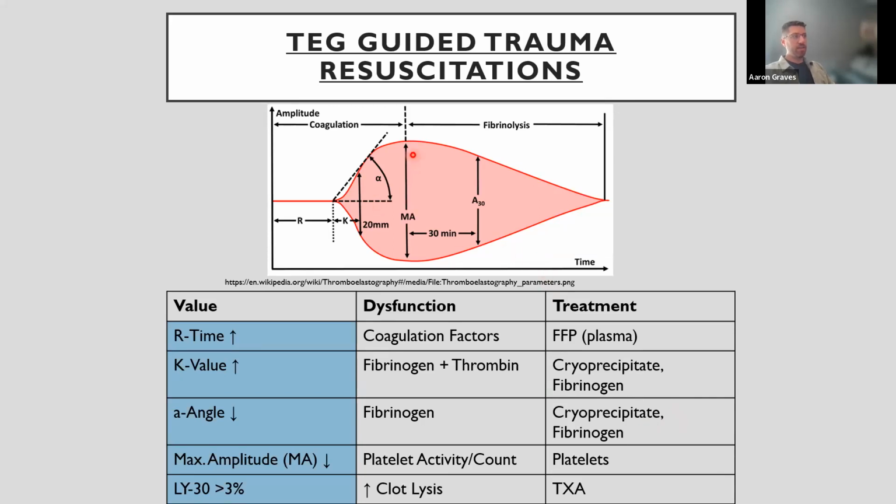If we see a decrease in the maximal amplitude, meaning we have a clot that is not as strong as it should be, this is primarily associated with lack of platelet activation or platelet count, and the treatment will be to give the patient platelets. And then finally, if we're seeing rapid fibrinolysis, meaning an increase in the lysis of the clot, we'll give TXA or tranexamic acid, which will inhibit the breakdown of clots.